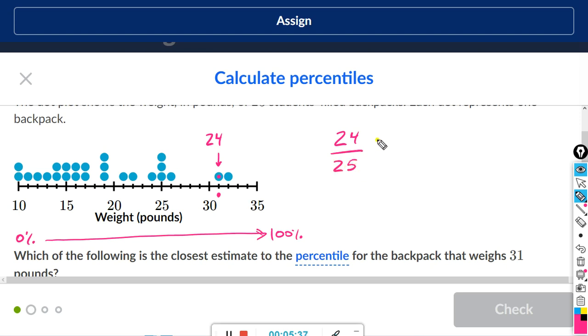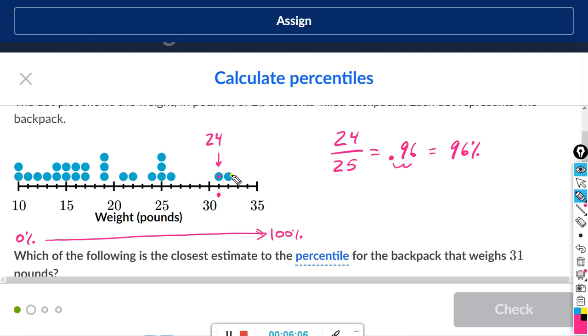If we did that on the calculator, 24 divided by 25, I think it's 0.96. Yes, that's going to be 0.96. And if you convert that to a percent, that's going to be 96%. So that dot is 96% of the way.